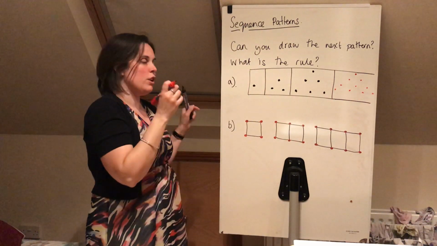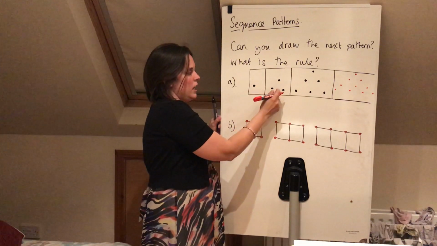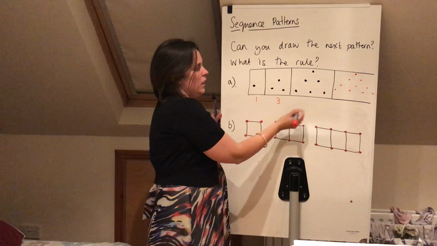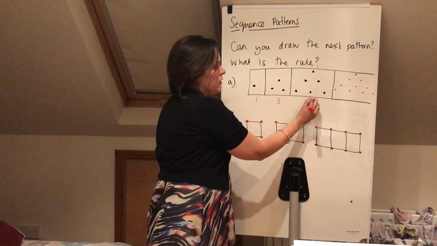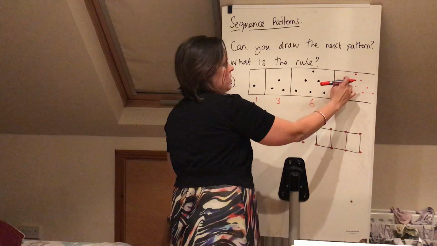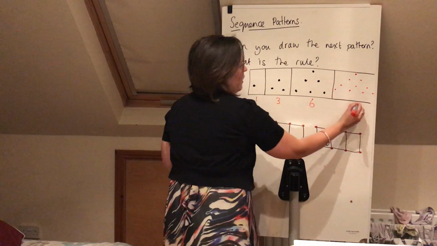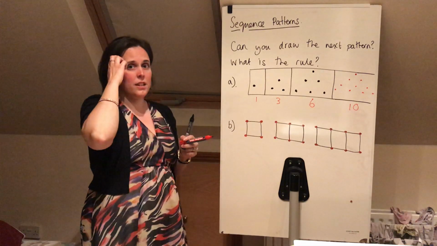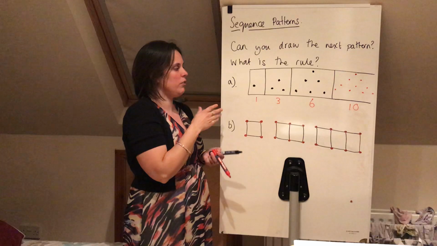Okay, now if you look at the numbers of them, here we've only got 1 dot, here we've got 3, here we've got 1, 2, 3, 4, 5, 6. In this one, 1, 2, 3, 4, 5, 6, 7, 8, 9, 10. Now we already know the term to term rule because it happens from the sequence itself.